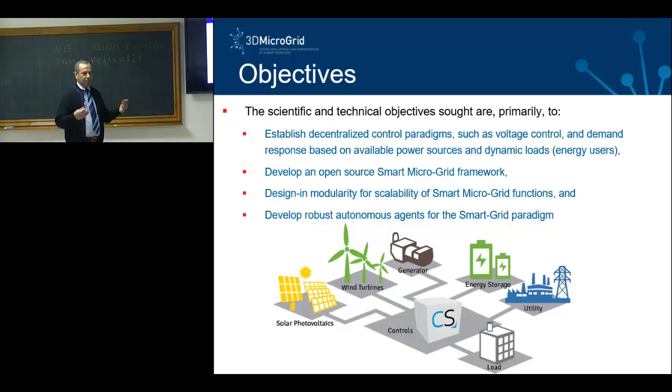And in fact, there is lots of research on this two-way power flow. You have power that comes from the grid to the microgrid, and then you have excess power that you can send to the grid. And of course, your load is the buildings, the sites that consume the power.